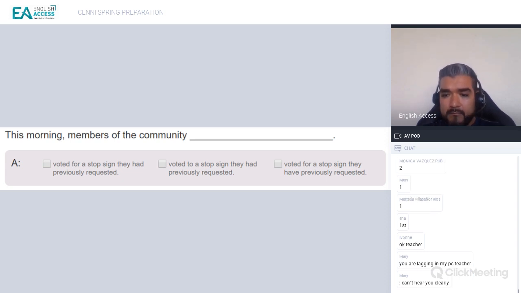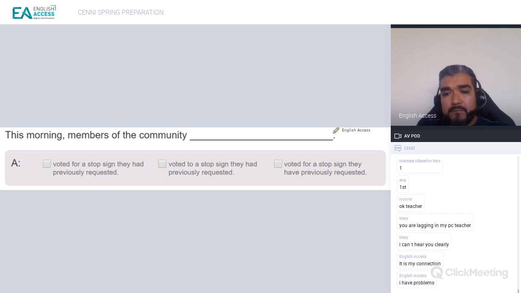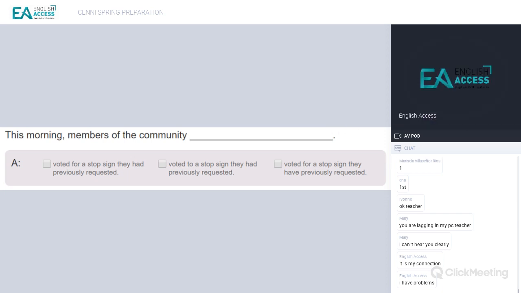I'm going to grade it. I will close my camera to see if my connection improves. Yeah, the problem is my connection. I'm going to close my camera.